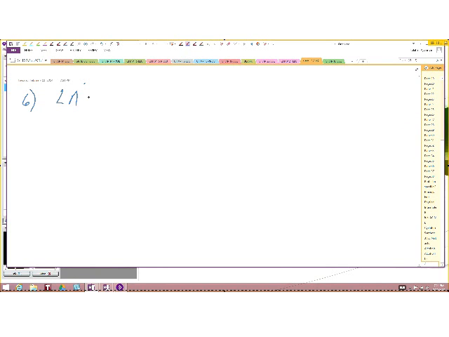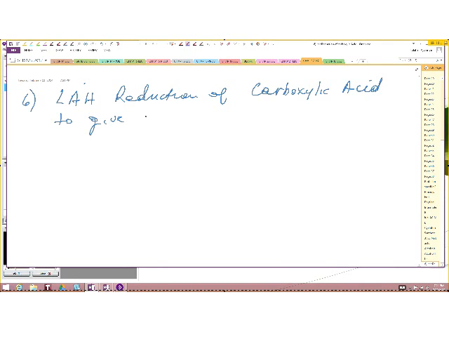This would be LAH reduction of carboxylic acid to give primary alcohol.